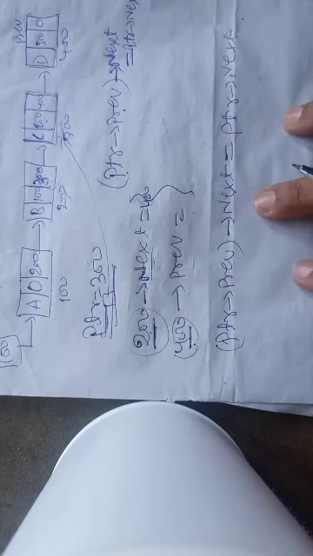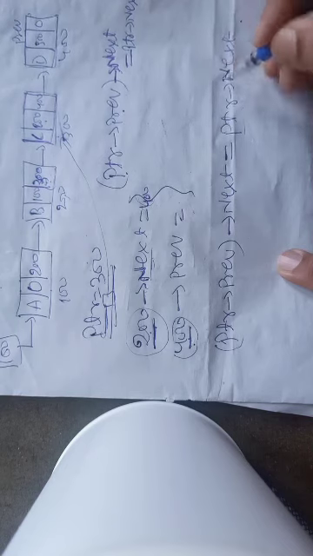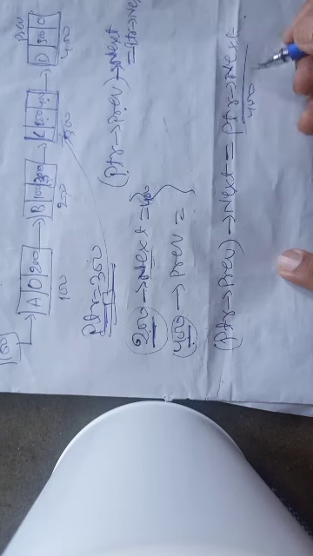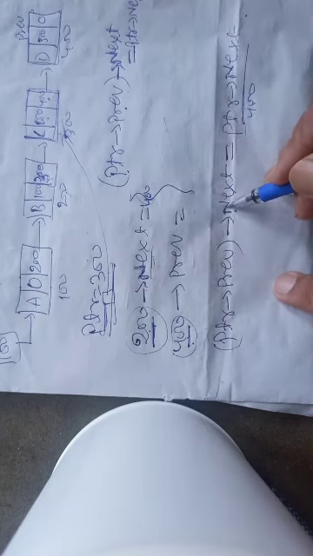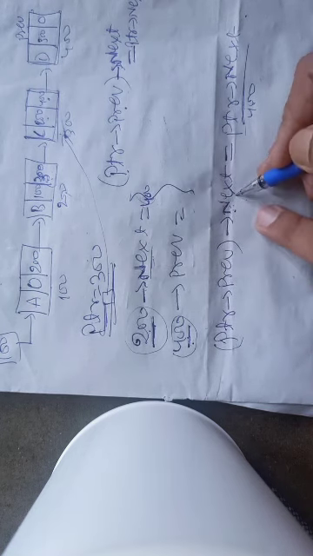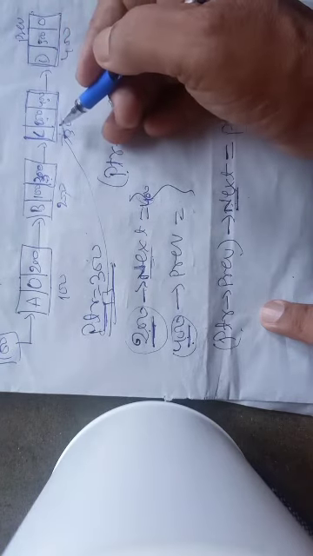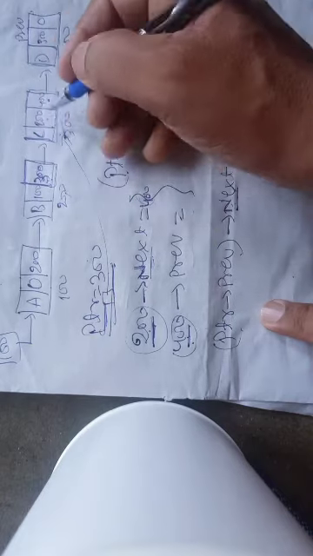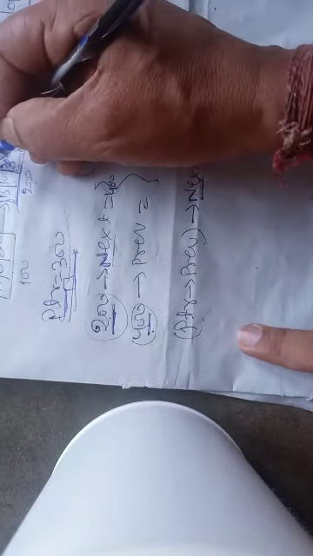Right now ptr is 300, and the value stored in next of ptr is 400. So this value will be 400, and this 400 will be assigned in the next field of ptr of previous. Ptr previous means this one, its next field, 400 will be assigned. Now this value is changed to 400.